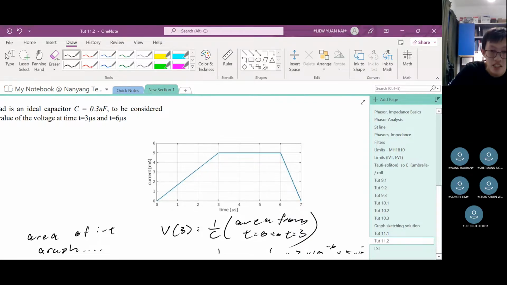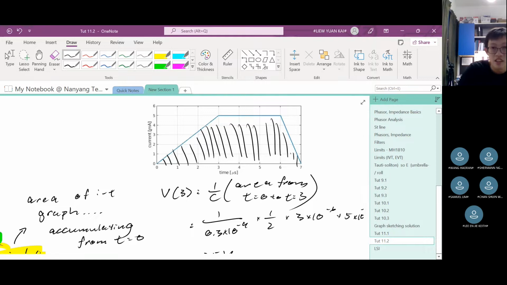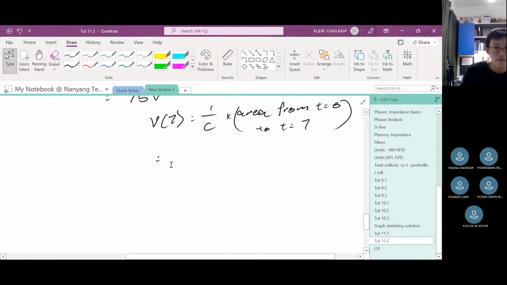From 0 to 7 means I start from 0, find the area, find the area, find the area until t equals to 7. So it's essentially the area of this entire thing, which is a trapezium. Again, half height A plus B, right? This is the height. This is A, this is B. So we plug in the numbers.